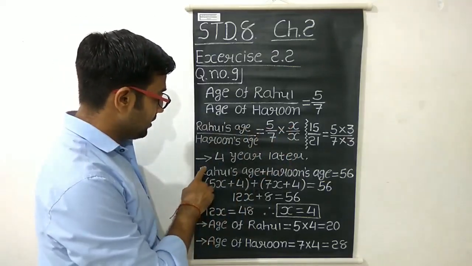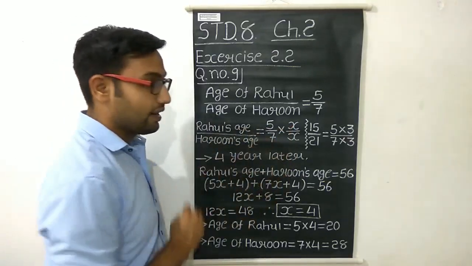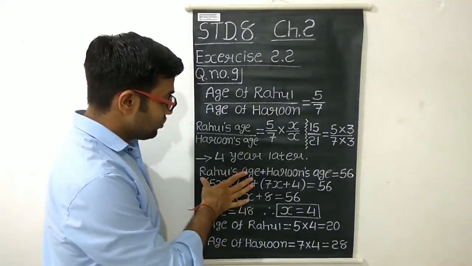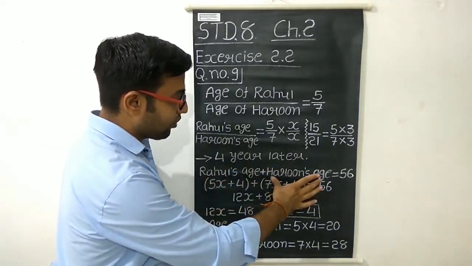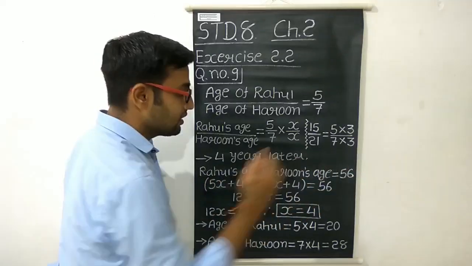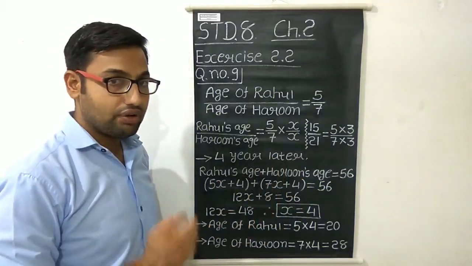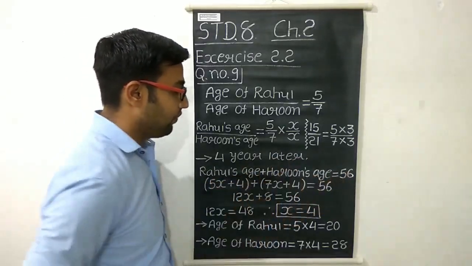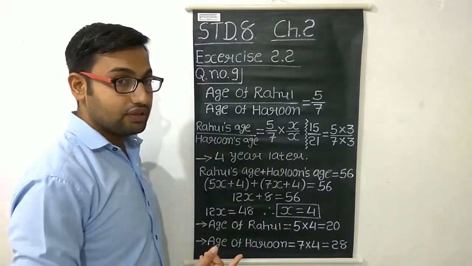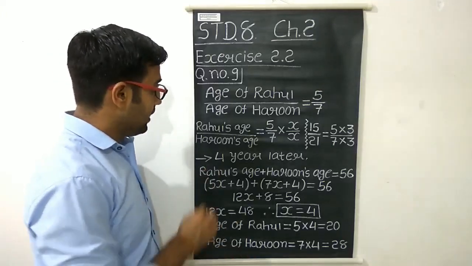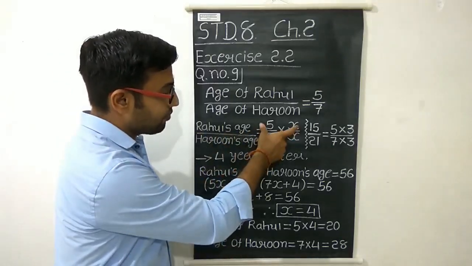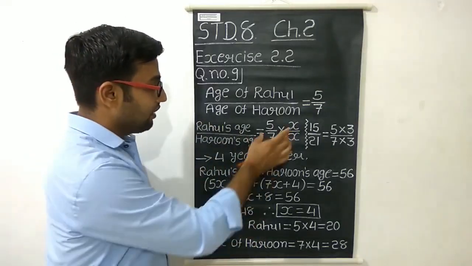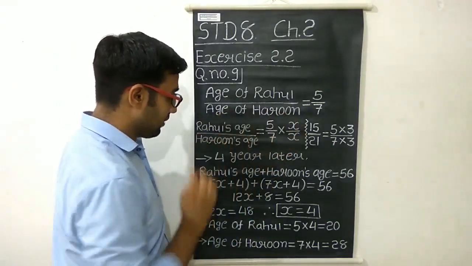One more condition given in the question is 4 years later. What will happen 4 years later? The total of both the ages is equal to 56, as given in the question. So Rahul's age plus Harun's age is equal to 56. The current age of Rahul is 5x, so 4 years later we have to add 4 to this 5x.